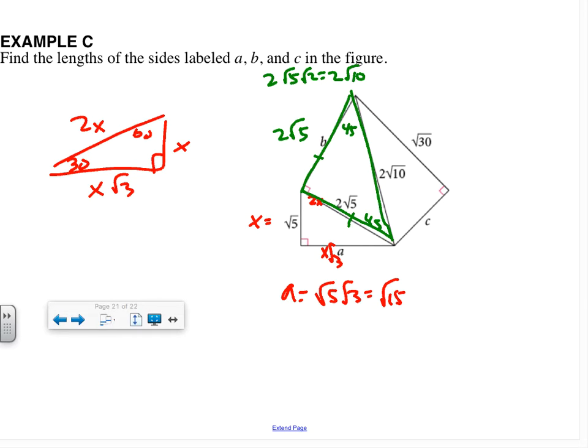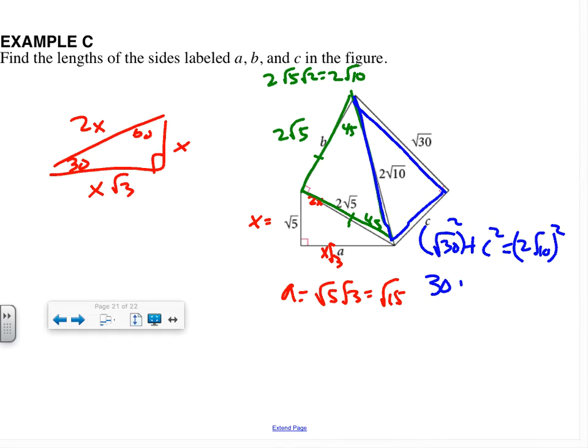You also could do the Pythagorean theorem on this. A squared plus b squared equals c squared. You could do that on the last one too. I'm going to make this last triangle, and I'm going to do the Pythagorean theorem just for fun. The hypotenuse is 2 root 10. So you know the square root of 30 squared plus c squared equals 2 root 10 squared. When you square a square root, you're going to get 30.